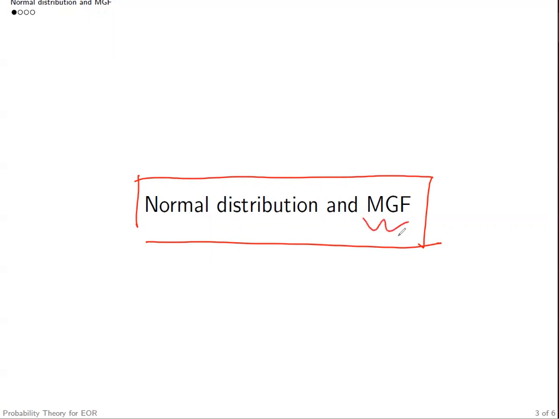And we're going to make use of it to study some properties associated with the normally distributed random variable. So first, let's derive the moment generating function of a normally distributed random variable with mean mu and variance sigma squared.